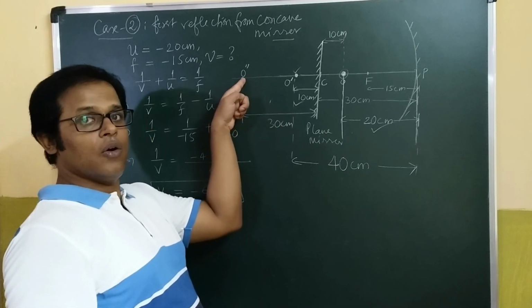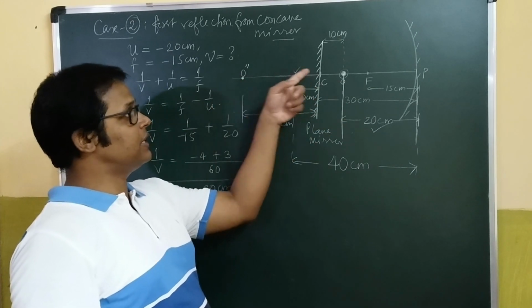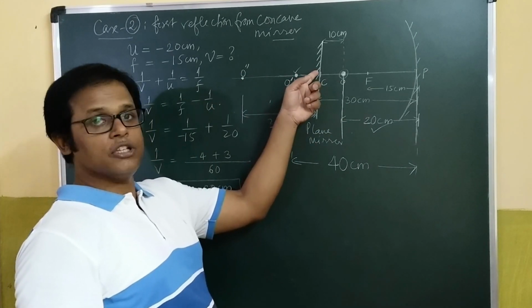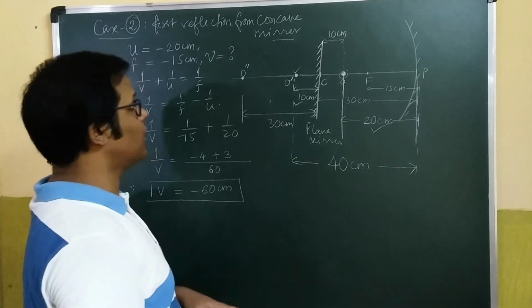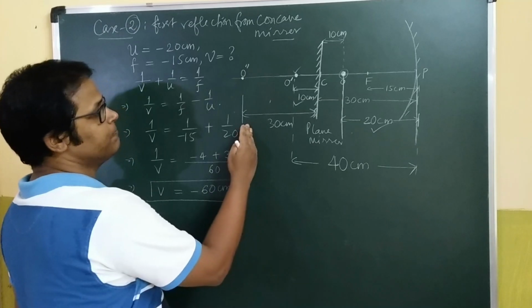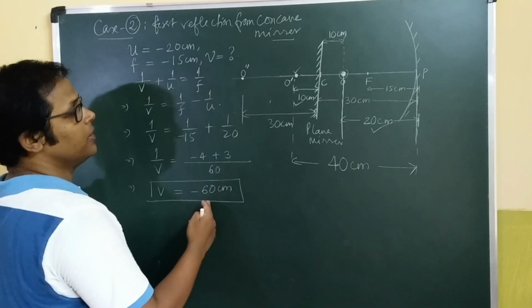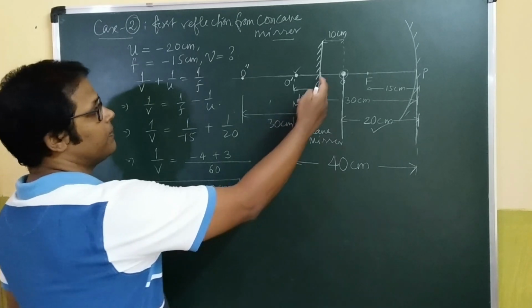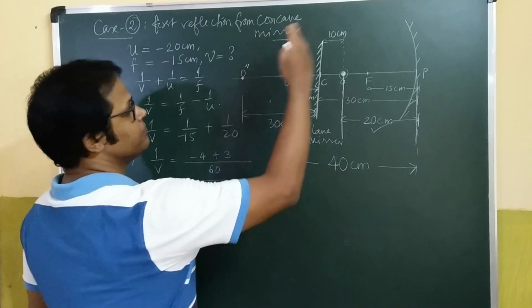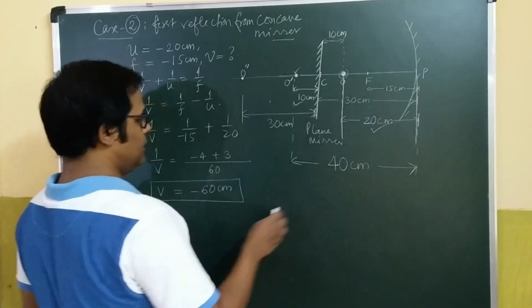Now this image of the object will be treated as an object for this plane mirror. So what I'm going to get now, if this is 60 away from here for the concave mirror, then by the plane mirror condition it should be another 30. So if it's 30 there, another 30.